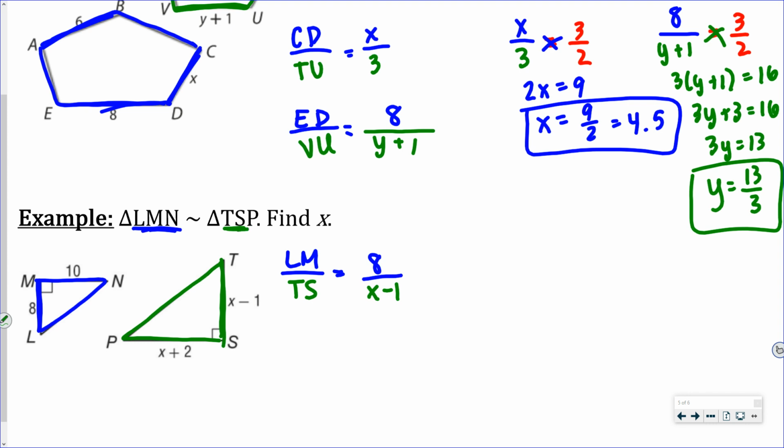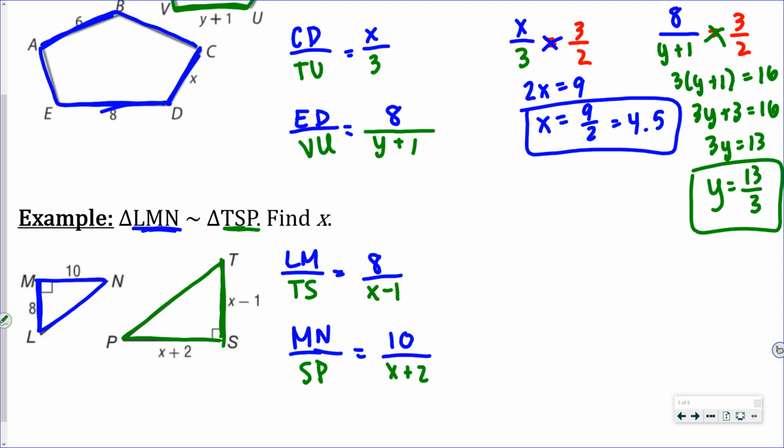MN corresponds to SP, so we can set up another ratio. I know MN is 10 and SP is x plus 2. And I still don't know that scale factor.